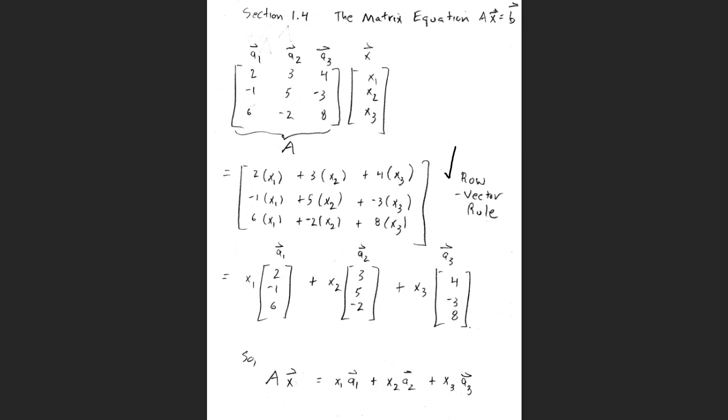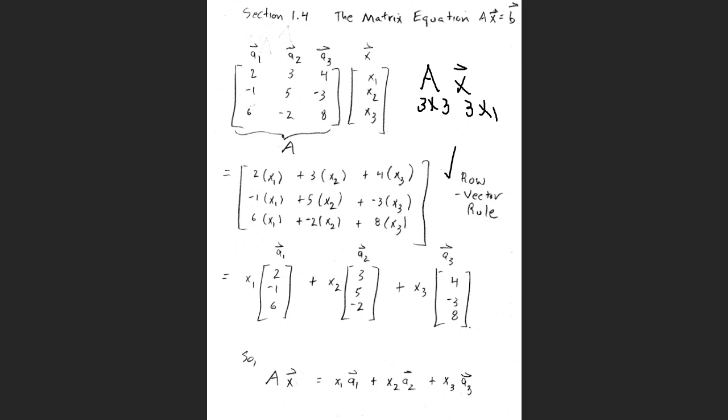Okay. Well, if you're good with that, then can we write this matrix product A times x? Again, it is a matrix A times a vector x. The matrix A is 3 by 3. The vector x is 3 by 1.